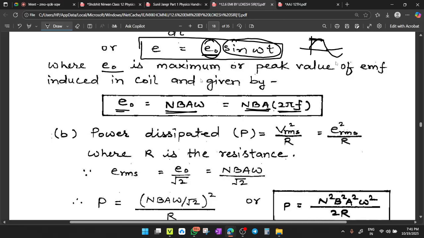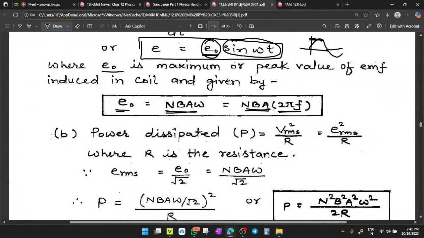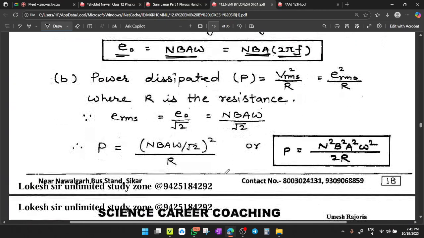Now they inquire about power dissipated. By the class 10th formula, we know power equals V square by R. In the form of EMF, P equals E square by R. So the power dissipated equals VRMS square by R, that is ERMS square by R, where R is the resistance.